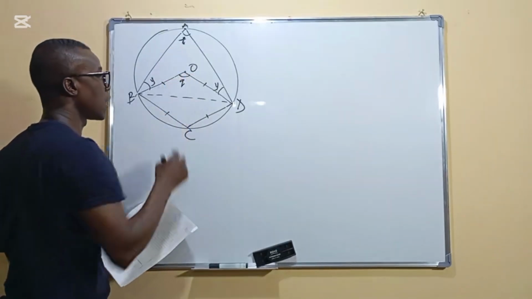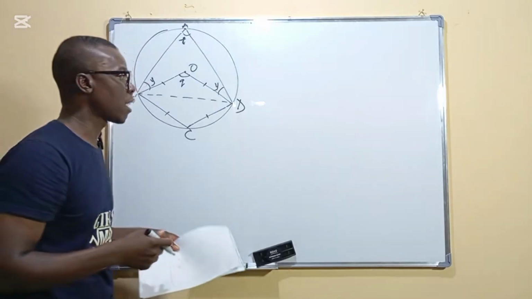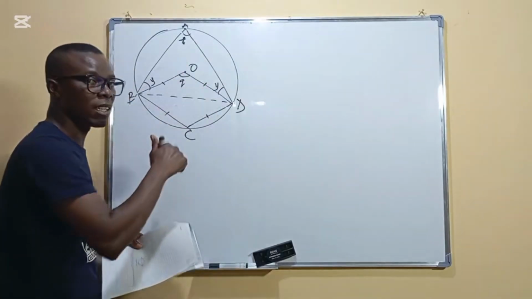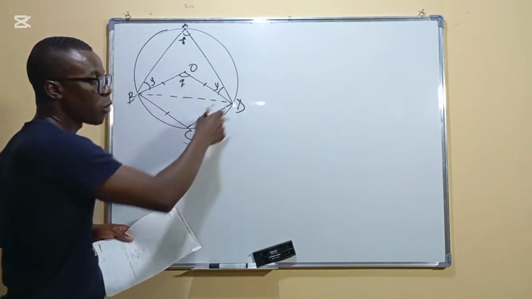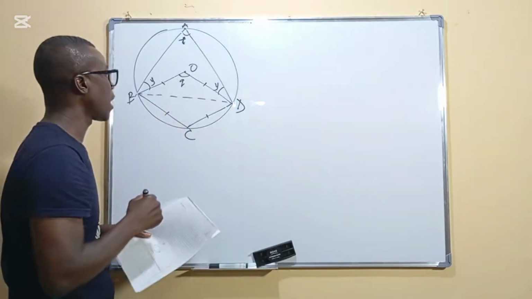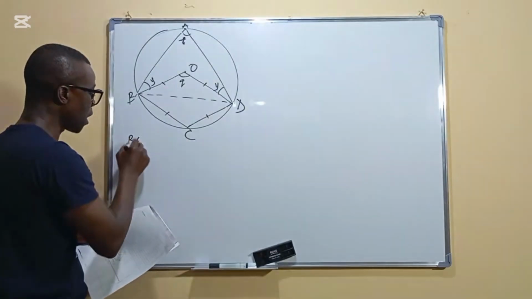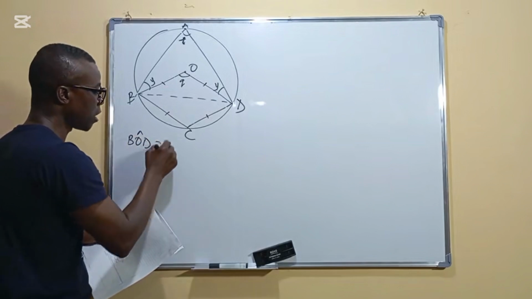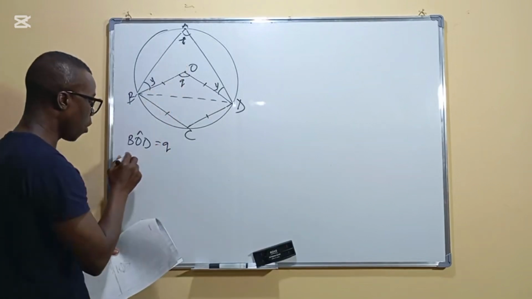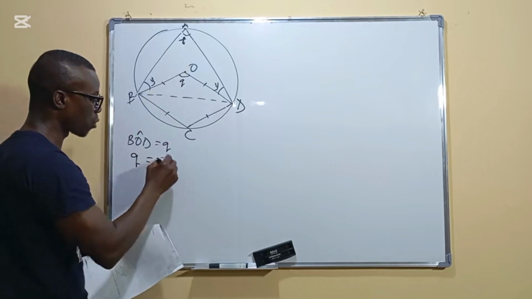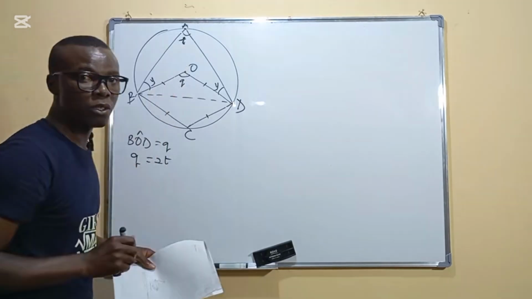Usually I advise students that whenever you cannot keep writing all this, that's angle BOD, you can just assign a letter to it. So here I'm going to say angle BOD is equal to Q. And then that theorem says Q is twice of T. That's Q is equal to 2T.